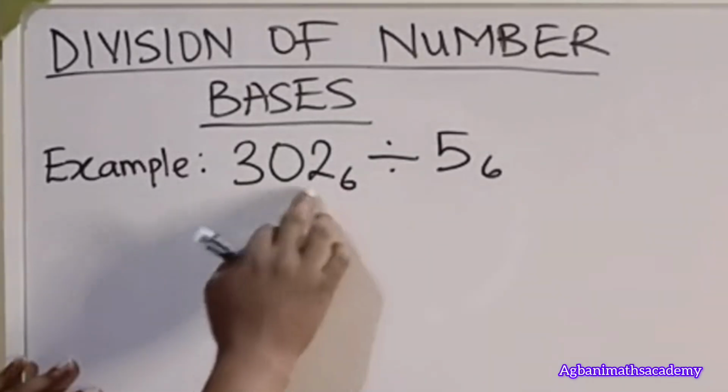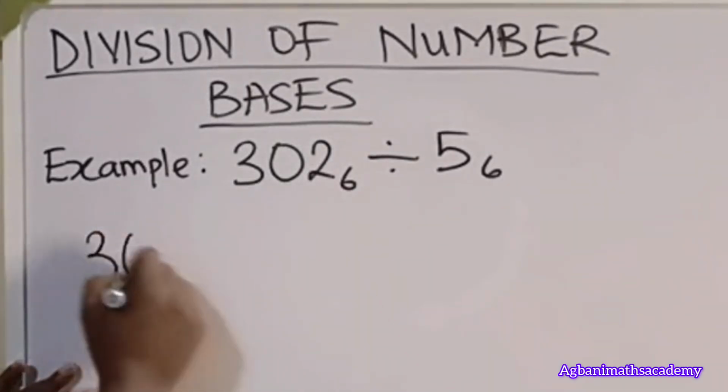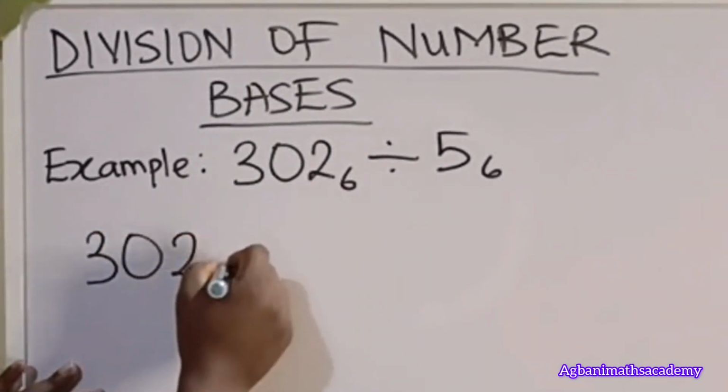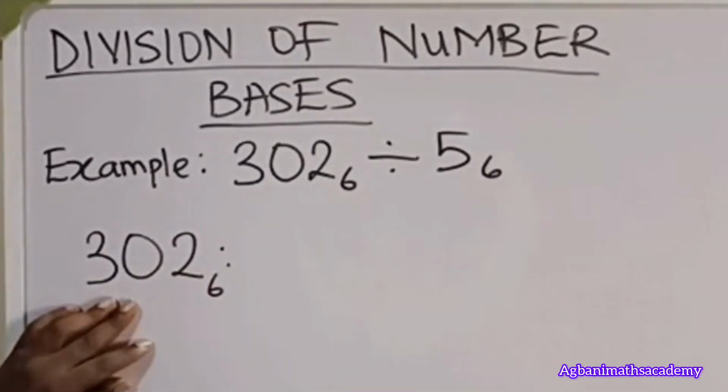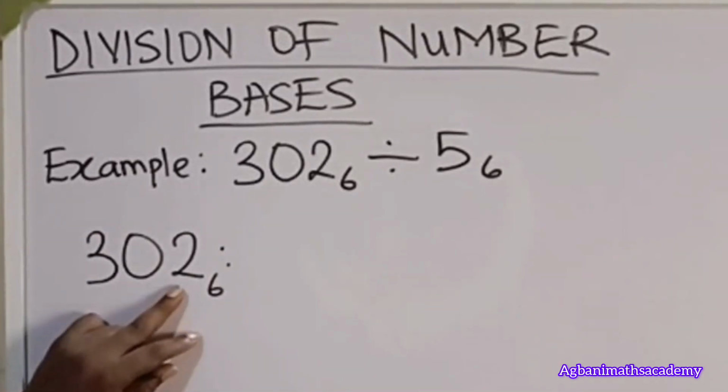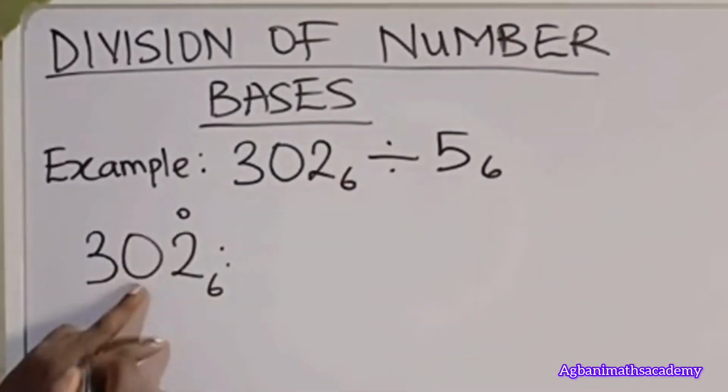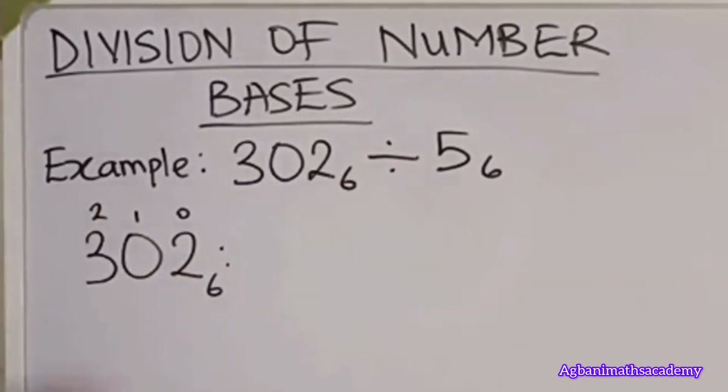So let's convert 302. When converting a number in a particular base to base 10, we are going to expand the numbers. Over 2 here we have 0, over 0 we have 1, over 3 we have 2. You can check out my YouTube channel, the playlist, and you're going to see why we are doing it this way.